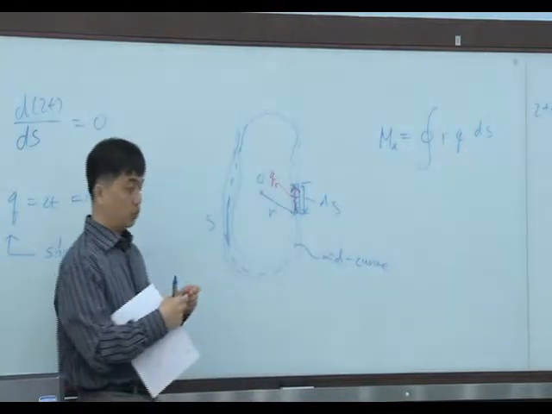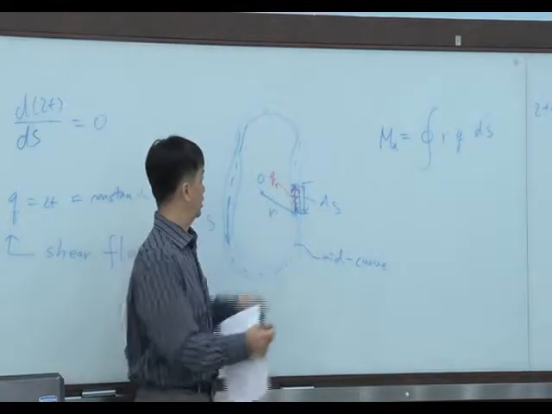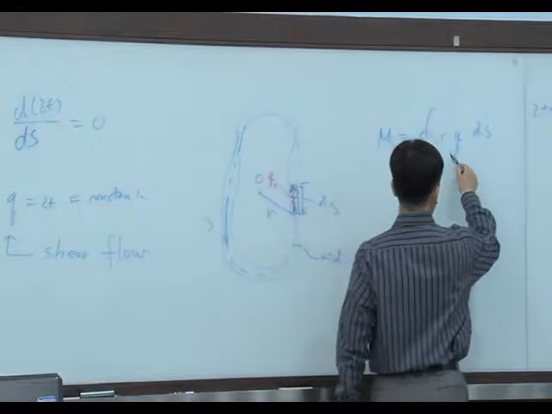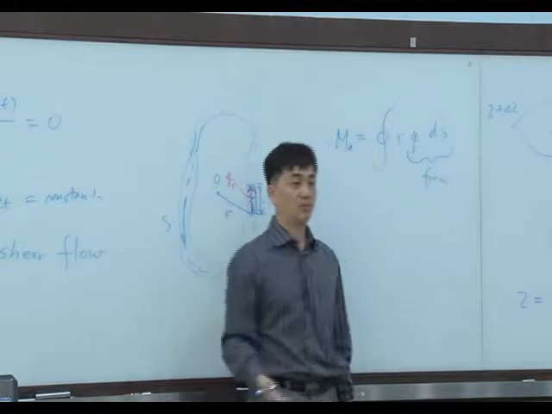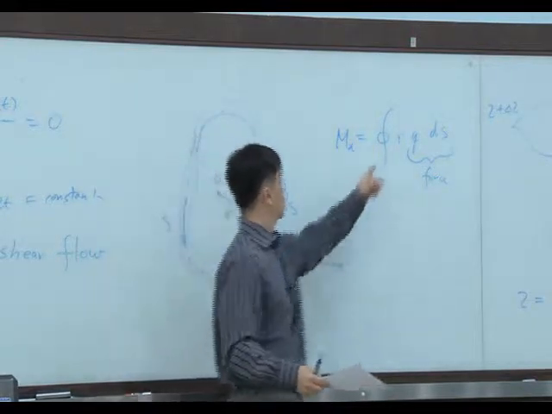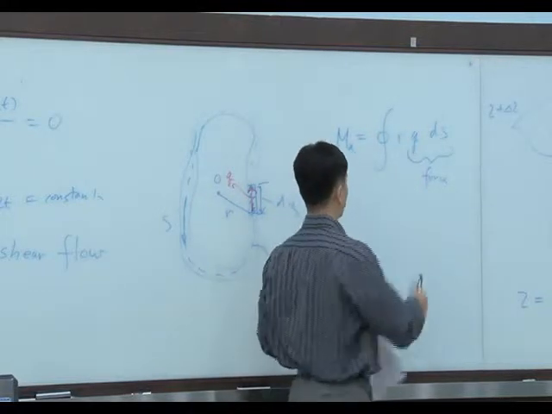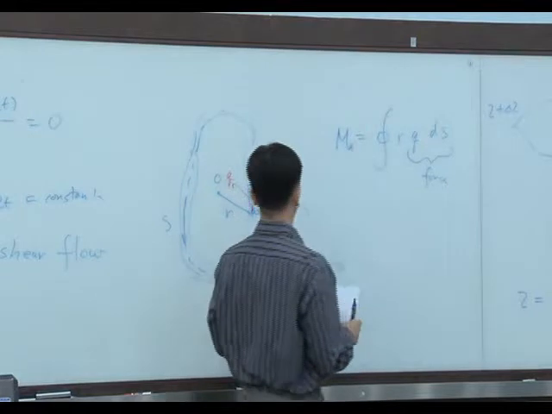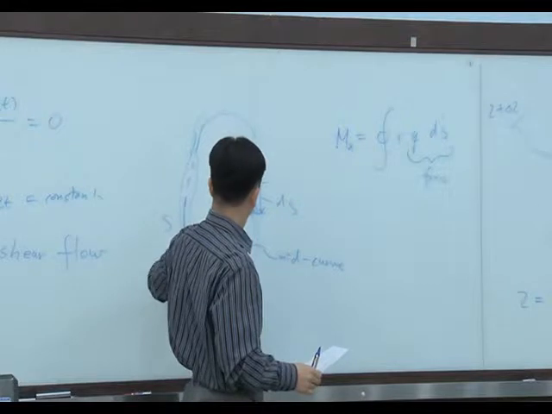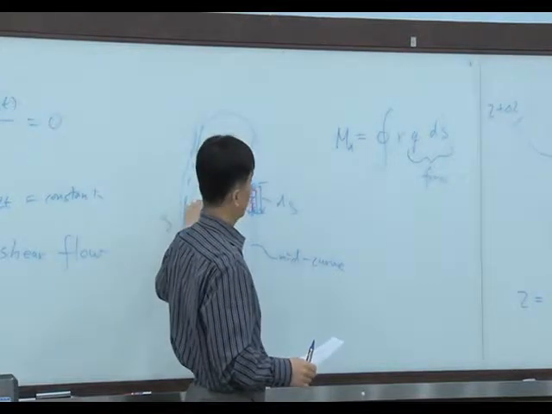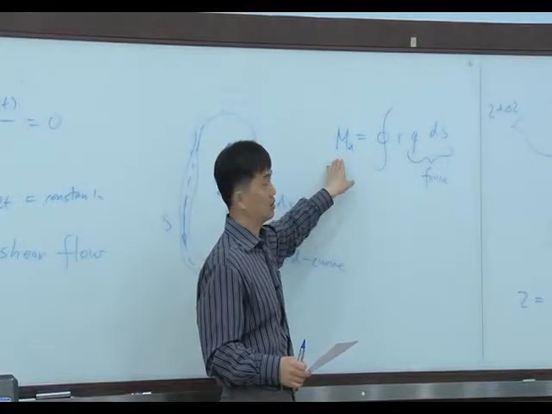So q is a force, right? q multiplied by ds is a force, and r is a moment arm. If I integrate this moment at all the segments of this thin wall, we can calculate the cross-sectional moment, right?